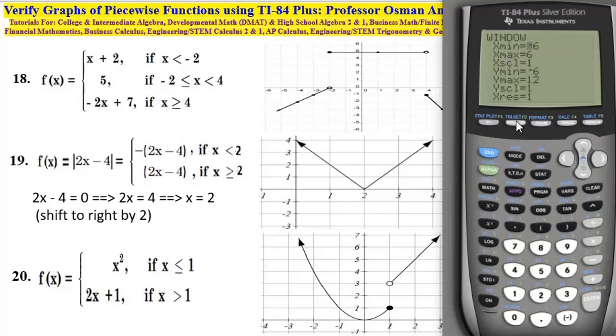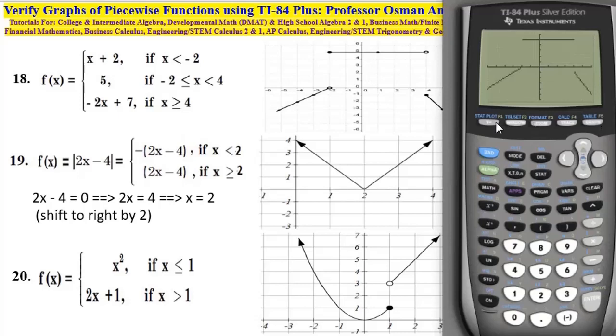The x window is from minus 6 to 6, and the y value is from minus 6 to 6 again. Then just graph. And here is the function.